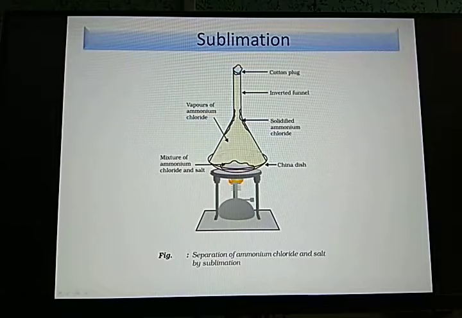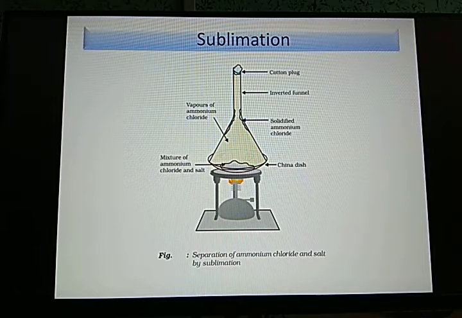As soon as ammonium chloride starts to sublime, the vapors go up. As you can see, the region above this inverted funnel is cold.